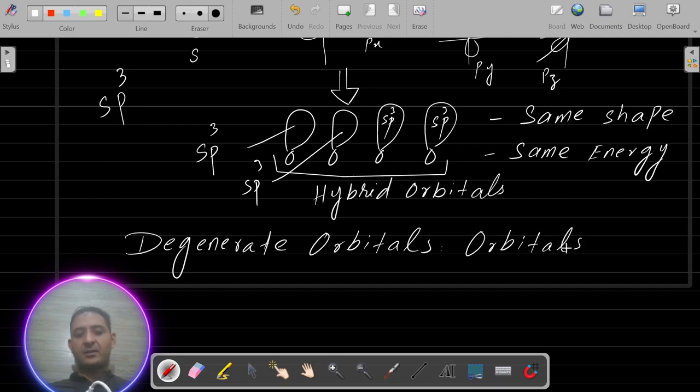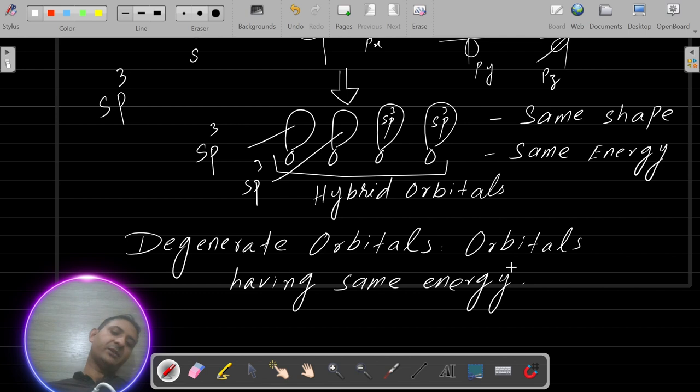If orbitals share the same amount of energy, they are known as degenerate orbitals. For example, Px, Py, Pz, all three are available on different axes, but their energy is the same.